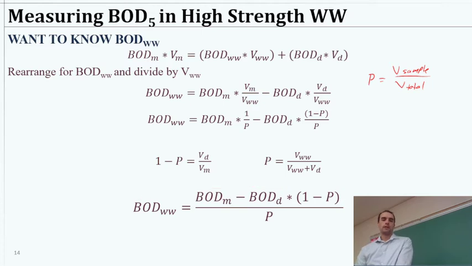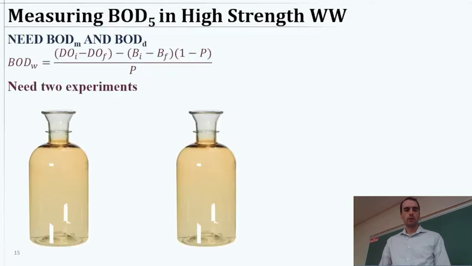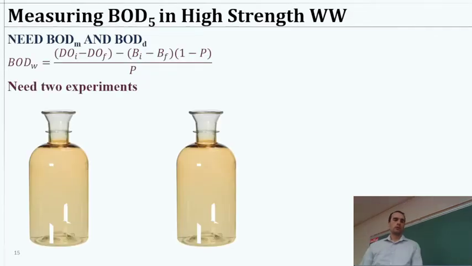Okay, so with that, that's something we can use to solve for a BOD of a sample or of a target, even if we dilute some water. So that's going to require the two experiments. Like I mentioned, we'll have one volume that has volume of the dilution water plus the volume of the sample, and the other one will be completely filled with dilution water.